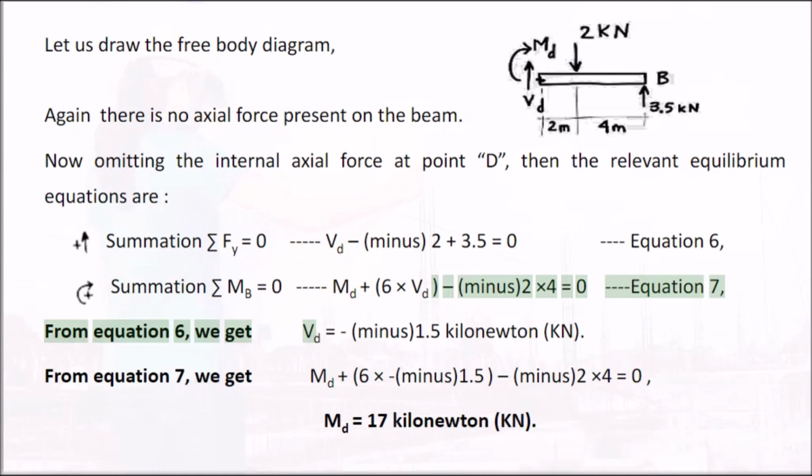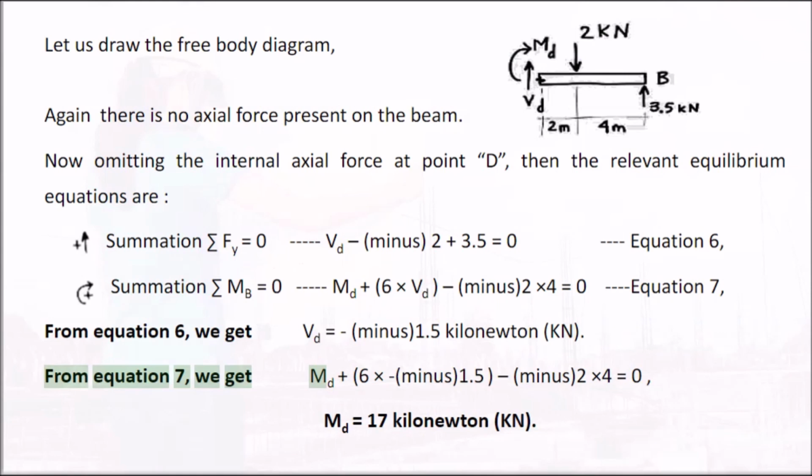From equation 6, we get VD equals minus 1.5 kN.